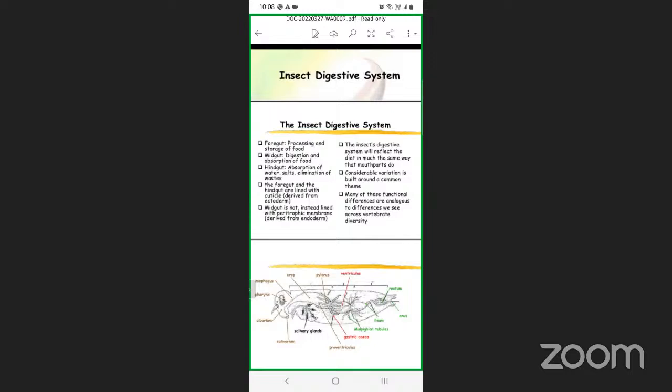As for the system we are discussing in general, the grasshopper or the cockroach have biting and chewing mouth parts. From the mouth, the food is taken in with the help of the dilator muscles and reaches the pharynx, which leads to the esophagus.